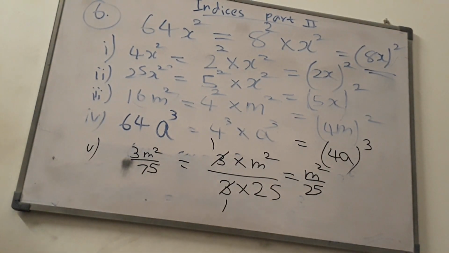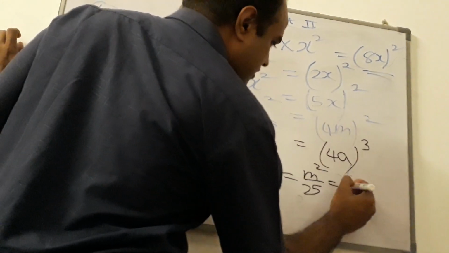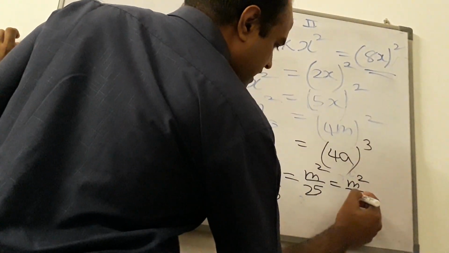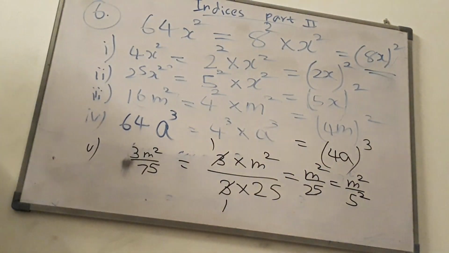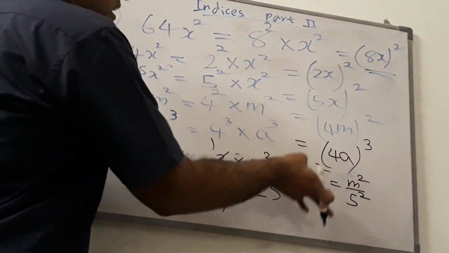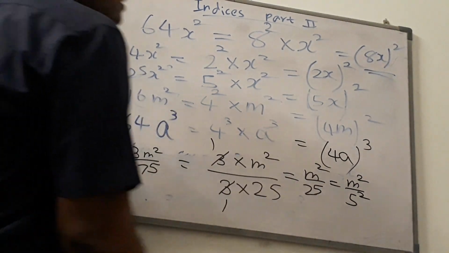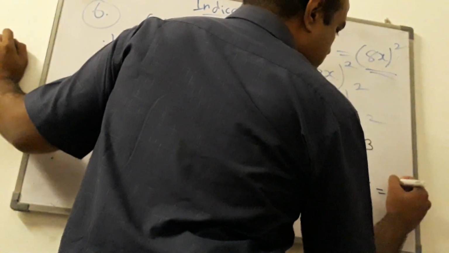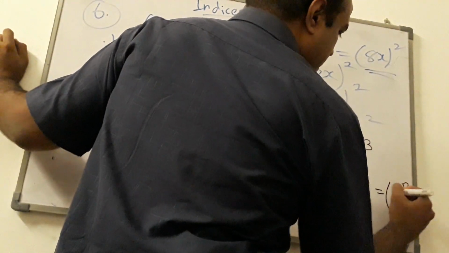We can write 25 as a power of 5. 25 is 5 times 5, so instead of 25 we can write 5 squared. So we can write m squared over 25 as m squared over 5 squared, and this square term is common, so m over 5 all together to the power 2 is the answer.